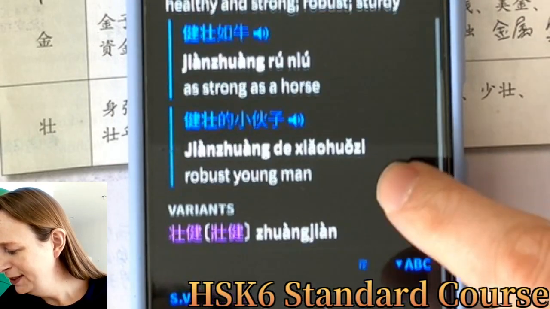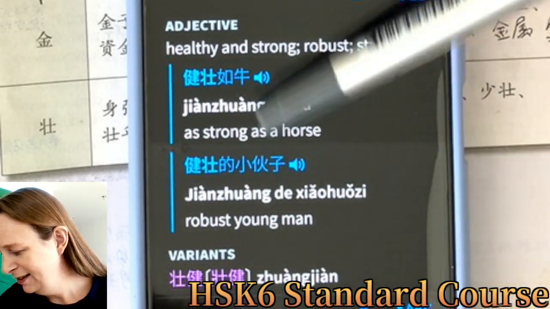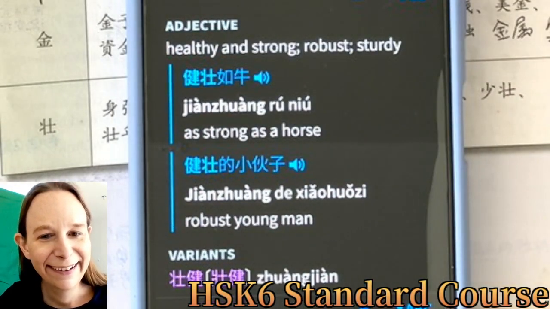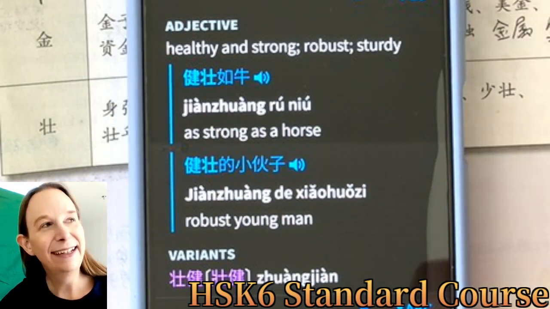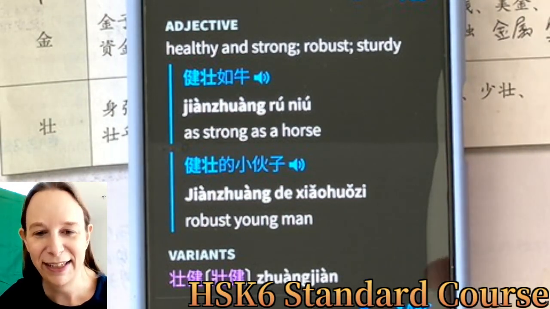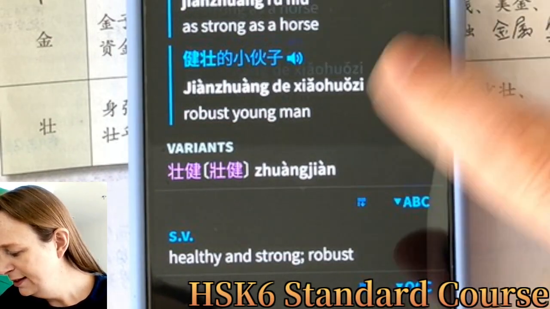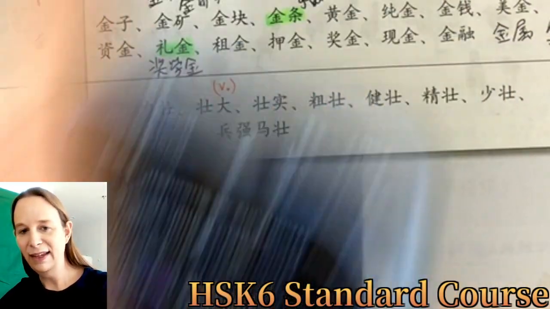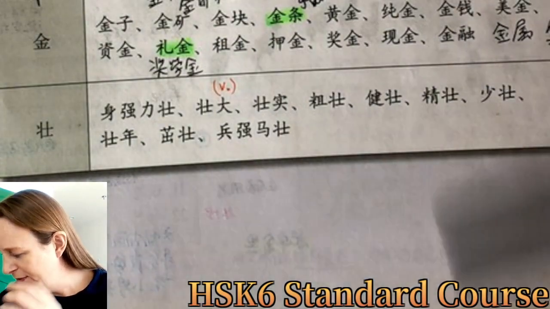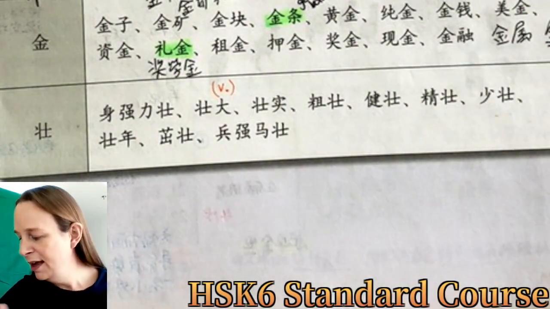Sturdy as a horse. Sturdy as a cow. As strong as a horse. Yeah, in English you don't think of cows as especially sturdy. 健壮的小伙子. Again, so this one is health, pertains to health. Okay.